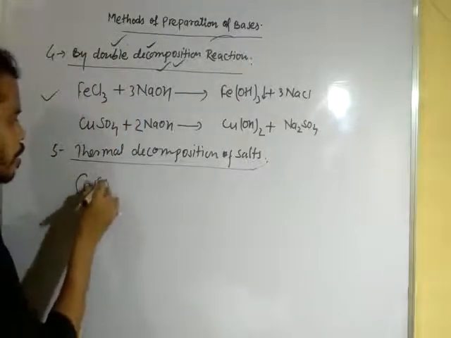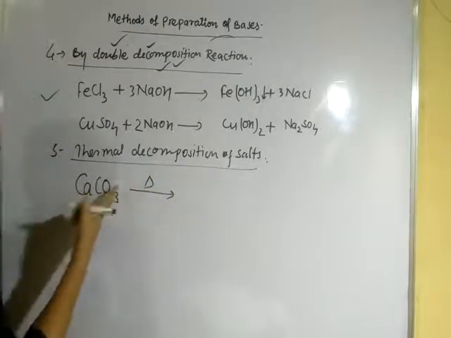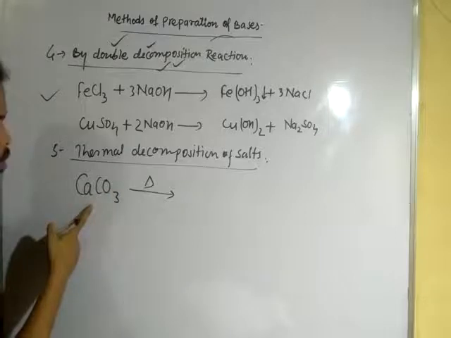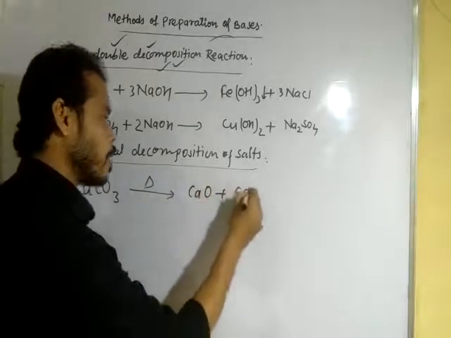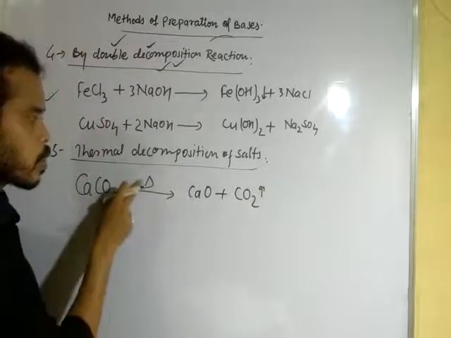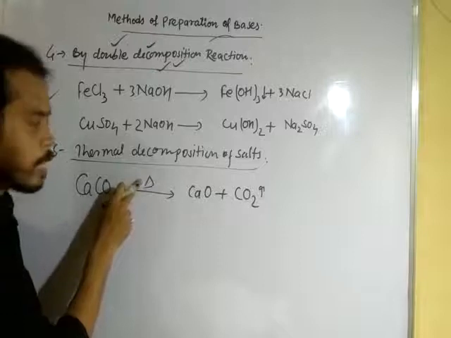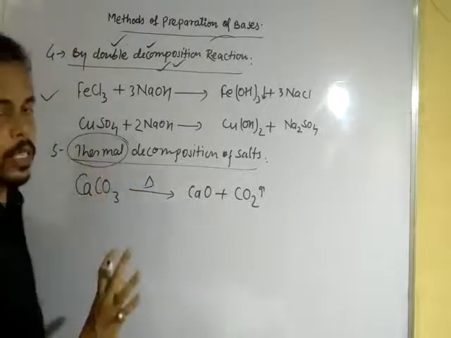When heat is given to calcium carbonate, it decomposes to form calcium oxide and carbon dioxide. This decomposition takes place due to the supply of heat, so it is known as thermal. Thermal means heat.